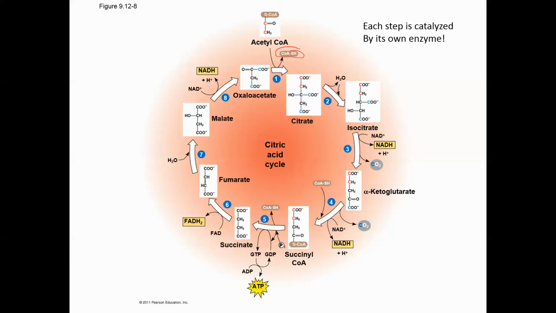So citrate is converted to isocitrate, etc., etc. We produce NADHs, these electron shuttles. We produce 1 ATP per pyruvate. We also produce an FADH2, which is another electron shuttle. And finally, we regenerate oxalacetate at the very end, which reacts to the next acetyl coenzyme A coming in to the reaction.